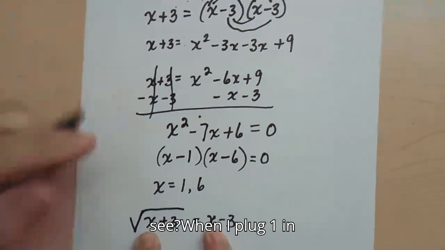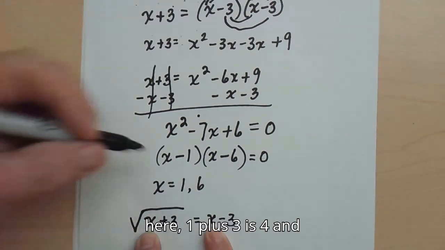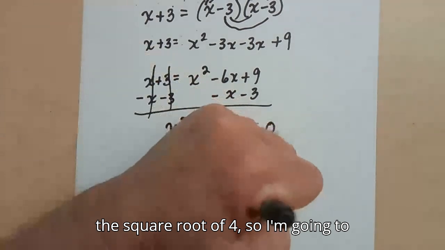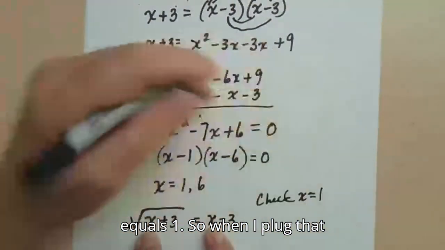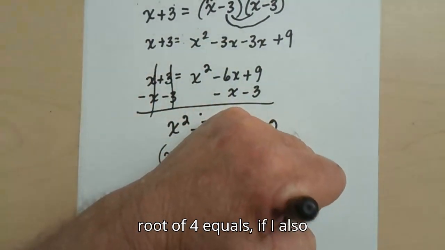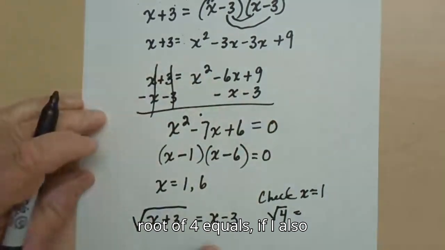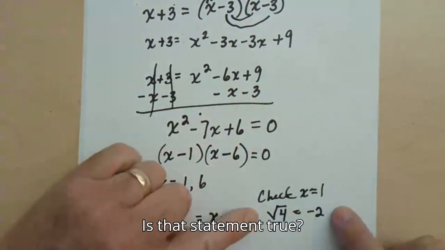So let's check x equals 1. When I plug that in, 1 plus 3 is 4, so I have the square root of 4 equals, if I also plug 1 in here, 1 minus 3 is negative 2. Is that statement true?